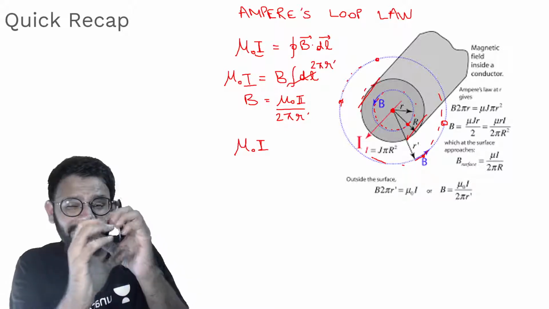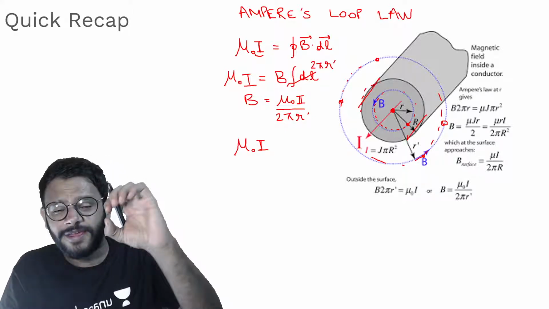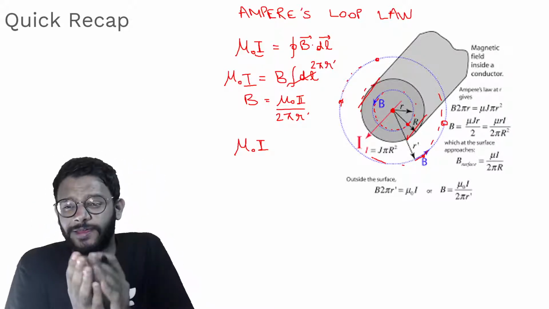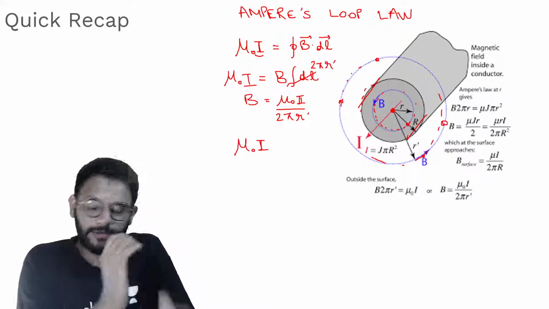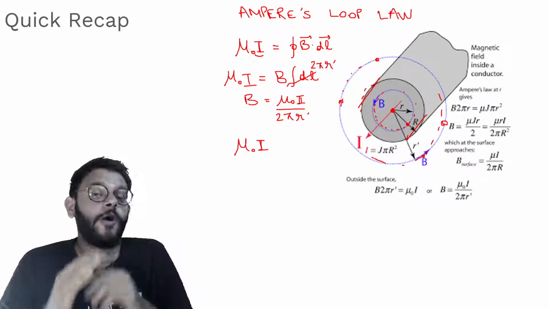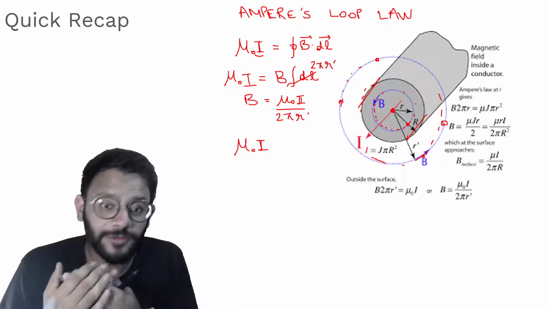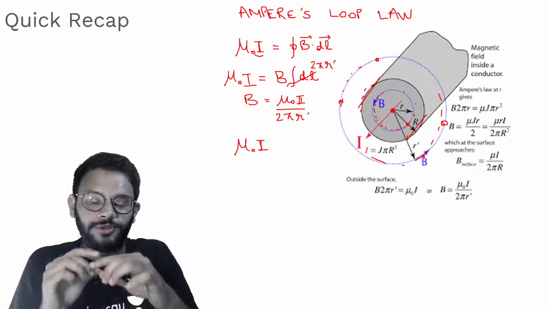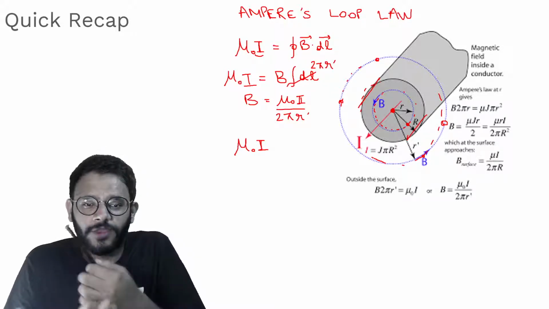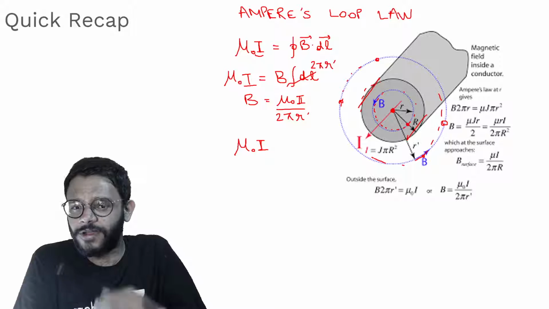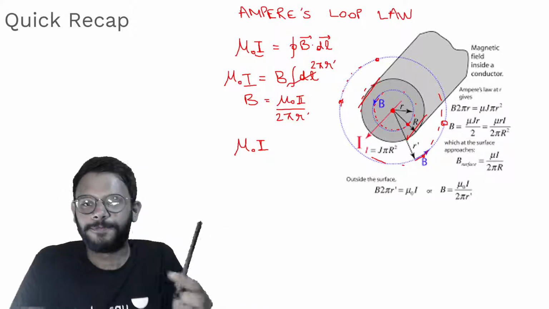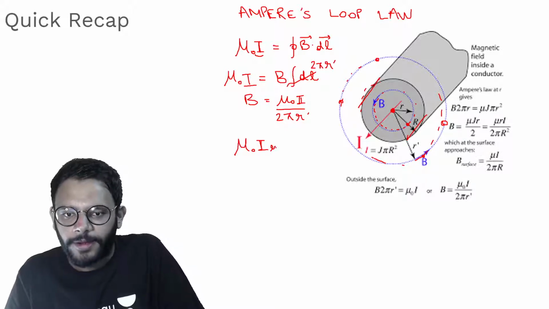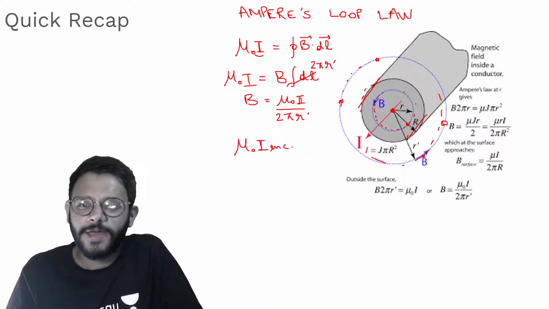My loop is carrying only this small circular element of current, the small cylindrical section through it, which is the only current passing through my loop, and that is all I'm going to consider for my Ampere's loop law, as that is what it states, that the current passing through my circular loop enclosed inside it multiplied by mu naught is going to give me the line integral of B dot dl. So mu naught into I enclosed, and I need to find out what that I enclosed is.